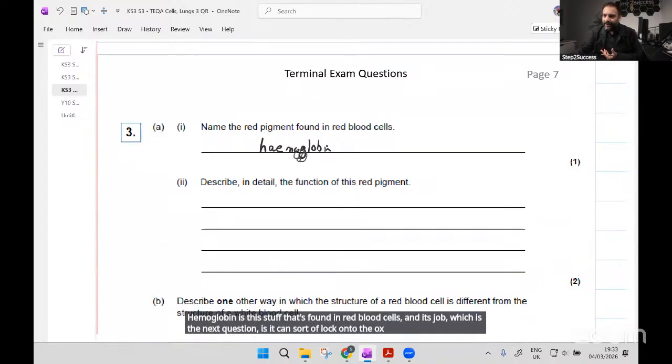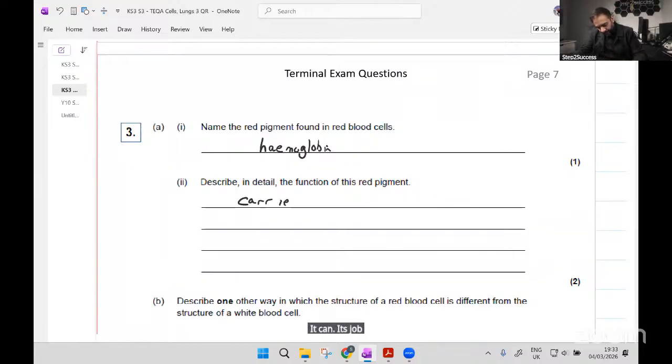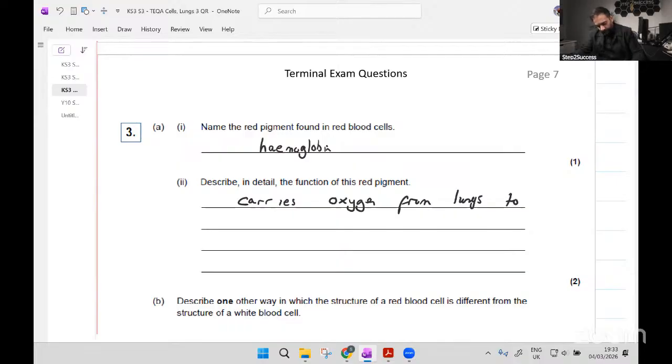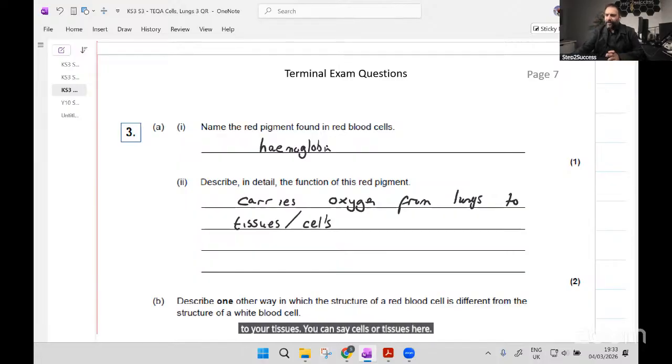So we want to say its job, what the hemoglobin can do, is that it can carry oxygen from the lungs, because that's where we breathe it in, to your tissues. You can say cells or tissues here. It doesn't matter. Quite hard to get the second mark there.